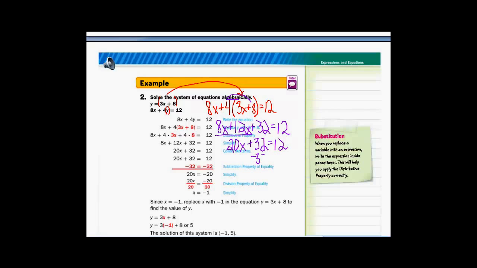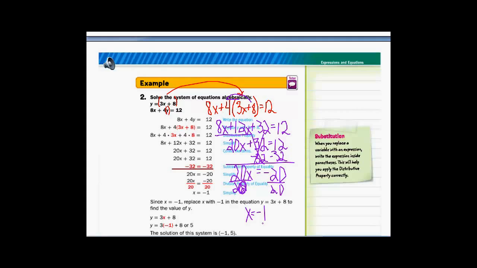Subtract 32 from both sides. So 20x, that is gone, equals negative 20. Divide by 20. X is equal to negative 1.